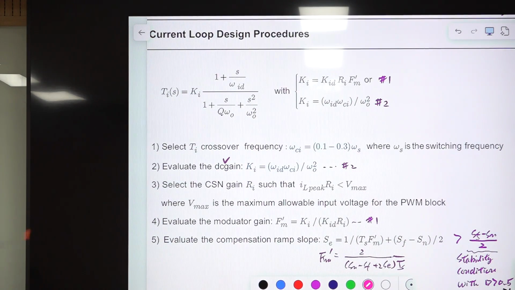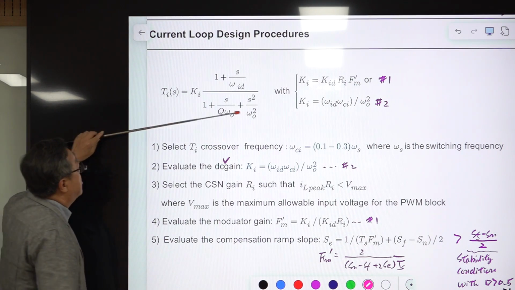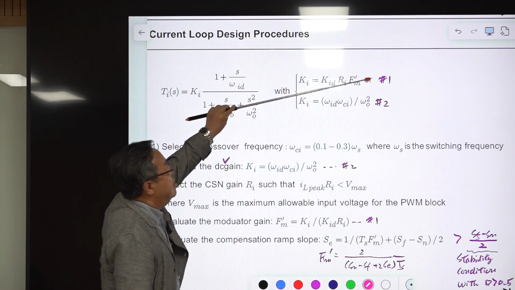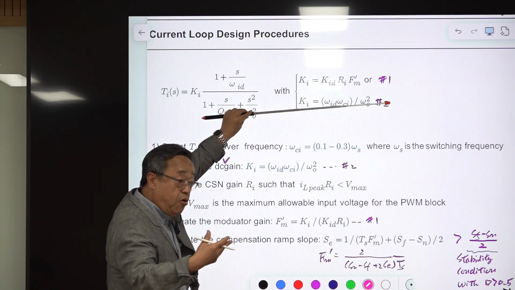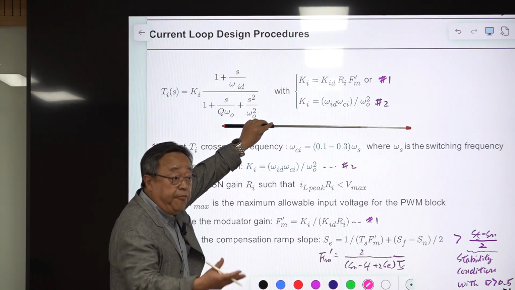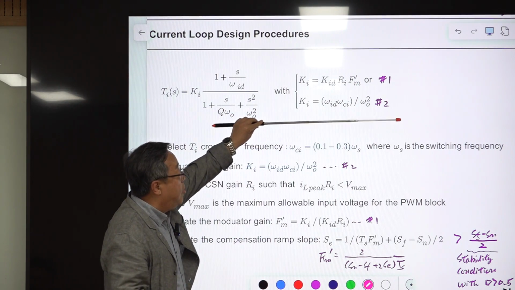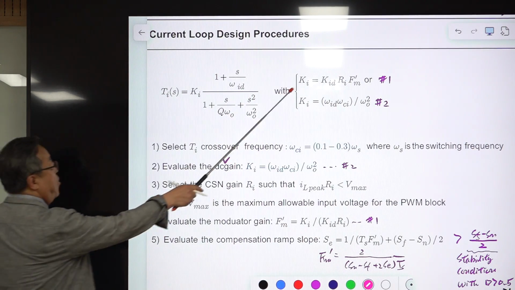Okay? So this is the Ti current loop expression, and Ki is expressed like this. Okay, this is from the collection of all the coefficients of the transfer functions. Okay, and this comes from the graphical analysis, frequency domain analysis. You have two different equations for the same parameters.